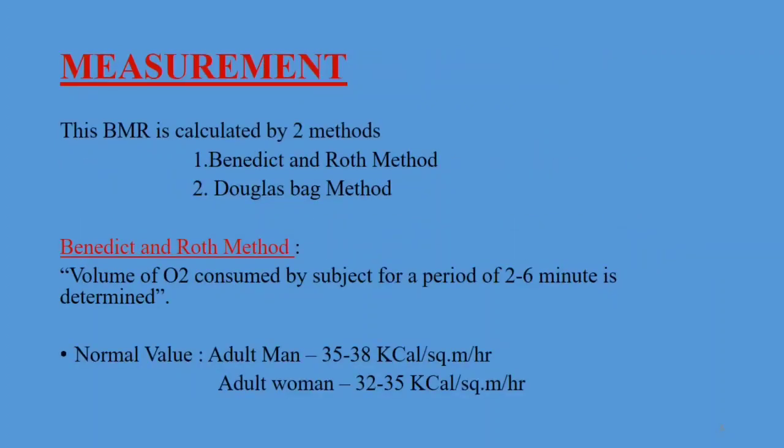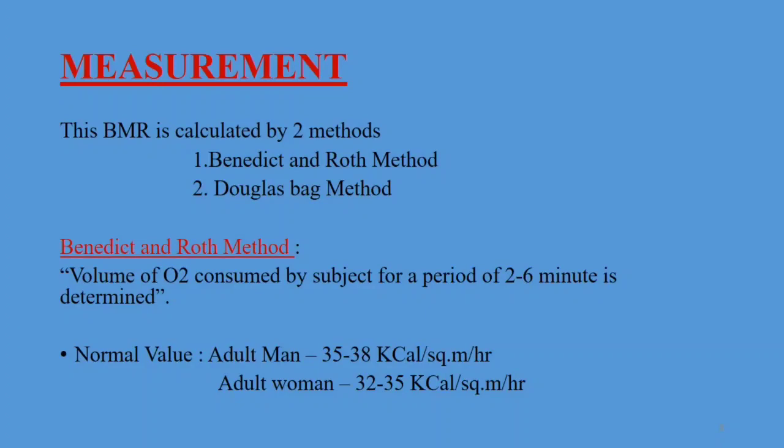This basal metabolic rate is calculated by two methods. The first one is the Benedict and Roth method, and the second one is the Douglas-Haldane method. The most commonly used method is the Benedict and Roth method, in which the volume of oxygen consumed by the subject for a period of 2 to 6 minutes is determined.